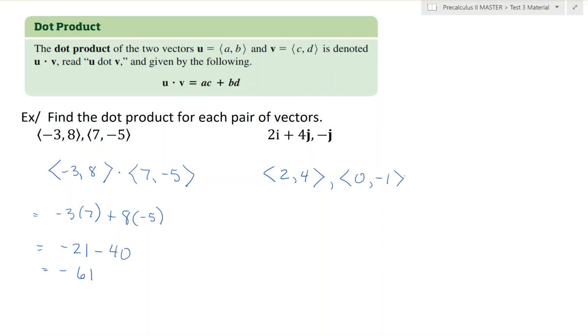And when I multiply those together with the dot product, it's going to be 2 times 0, which is just 0, and 4 times negative 1. So I'm adding a negative 4, and I end up with the scalar of negative 4 as my dot product.